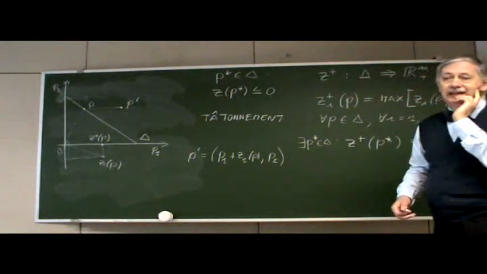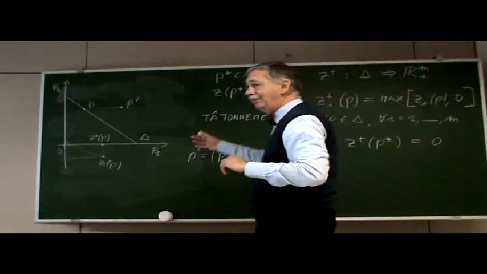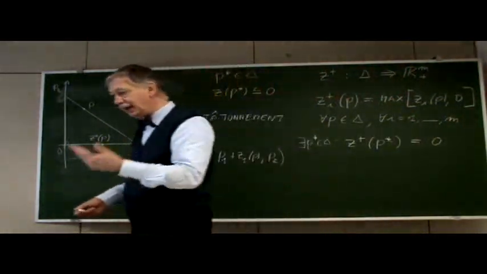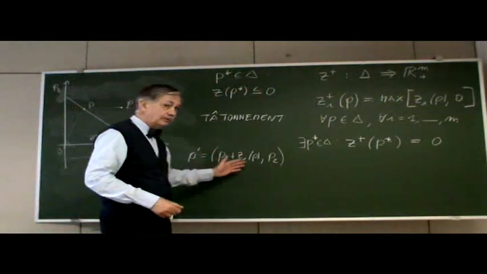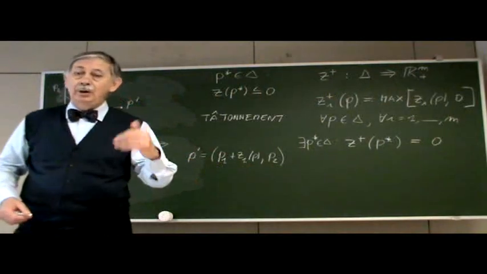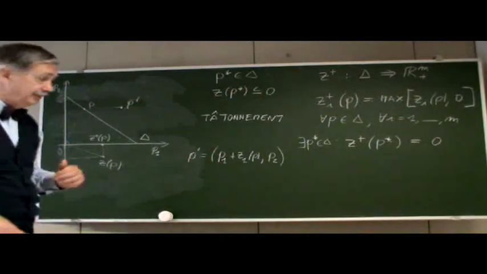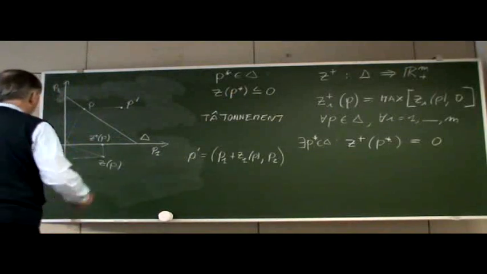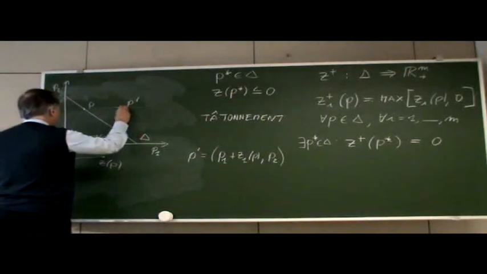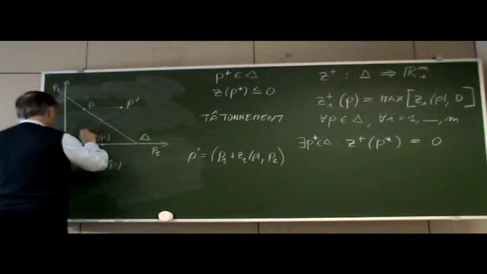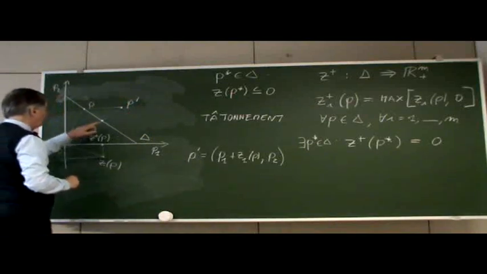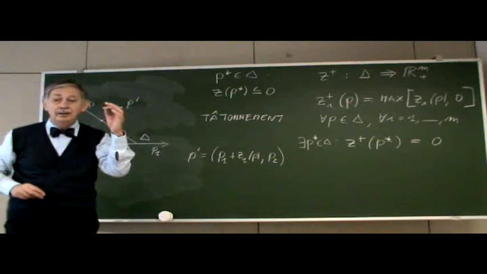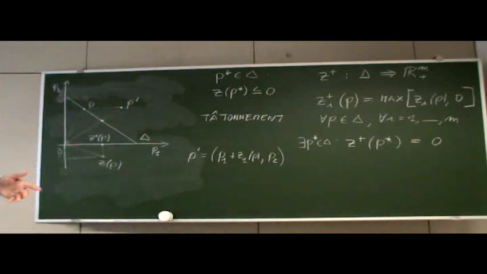The problem is clearly that P prime is not an element of Delta. The sum of the components of P prime, generally speaking, if some excess of demand is a positive number, will be greater than 1, the sum of components of P. No problem. You can normalize vector P prime by reducing in proportion every component of P prime in order to obtain this point, which is on the simplex.